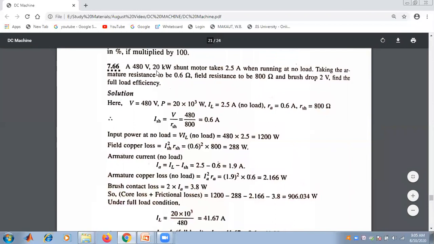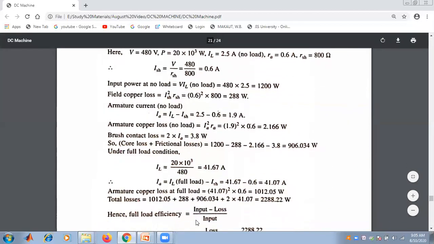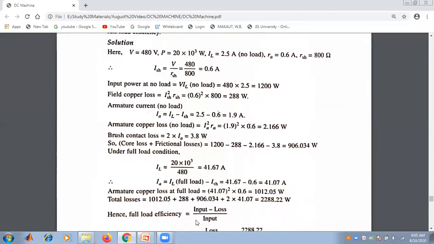All these data are given on the output basis. So 20 × 10^3 / 480 is 41.67 ampere. So IA at full load, that is ISH, will remain the same. IL minus ISH, that is 41.67 minus 0.6, is 41.07, that is the value that we have obtained.